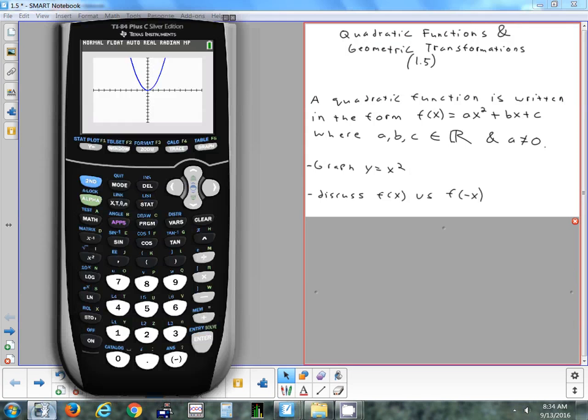Now what I'm going to do is graph, instead of plugging in x, I'm going to plug in a negative x, with parentheses around it, and square it. Let's see what that looks like. So what's the difference between f of x and f of negative x?